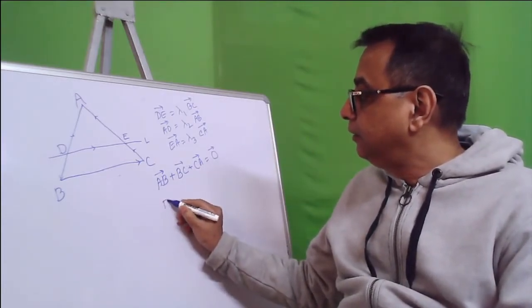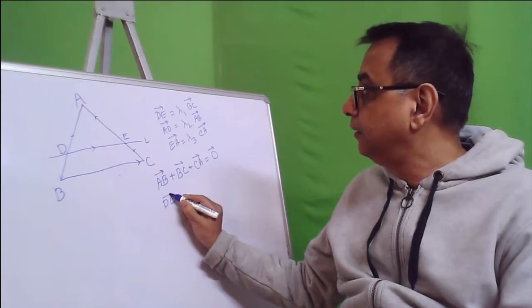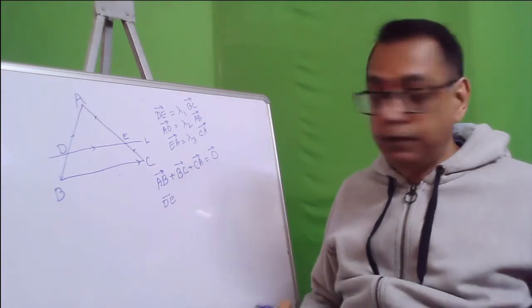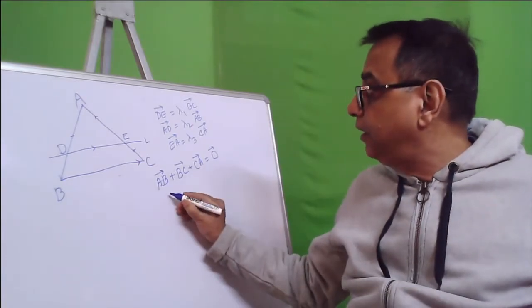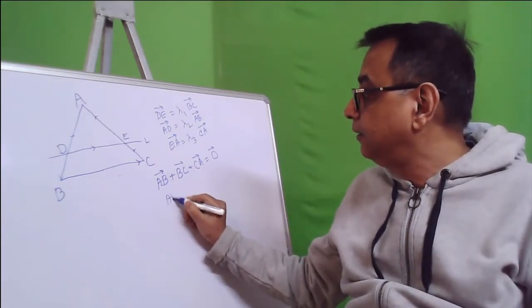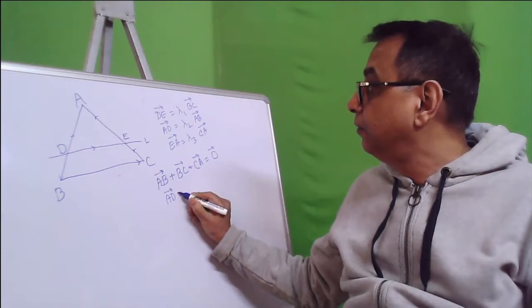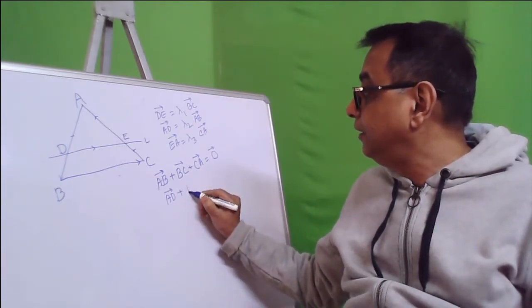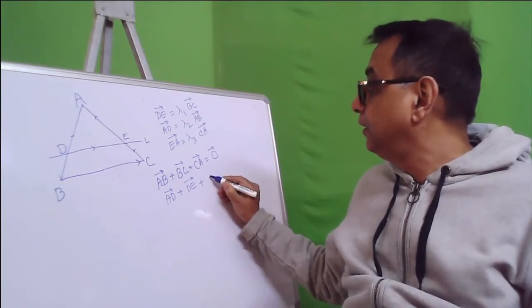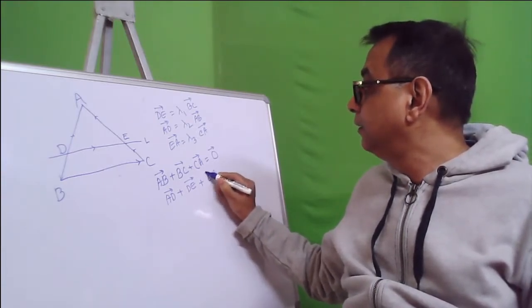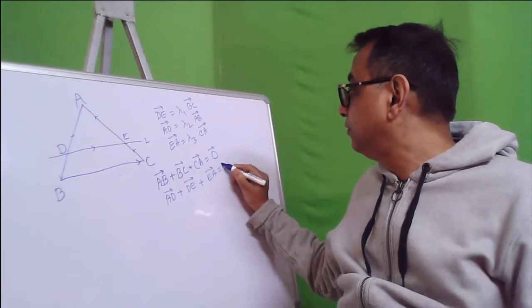Similarly, AD plus DE plus EA is also a zero vector.